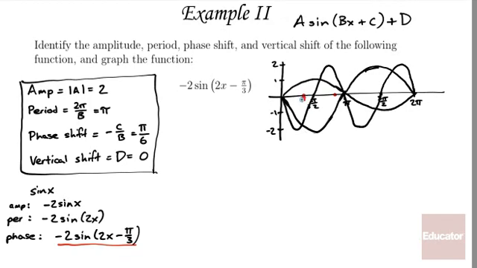Or sorry, the phase shift is supposed to be pi over 6. Pi over 6. So I'm going to move everything over by pi over 6. So instead of starting at 0, I'm going to start at pi over 6 and come back at pi over 2 plus pi over 6, which is actually 2 pi over 3.